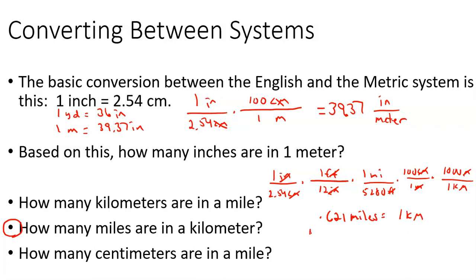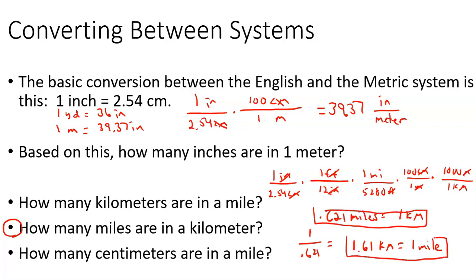So if I take 1 over 0.621, what that tells me is that there's 1.61 kilometers in 1 mile. More likely, if you were looking for these two conversions, you would look them up somewhere, that 1 kilometer is about 0.621 miles and 1.61 kilometers is equal to 1 mile.